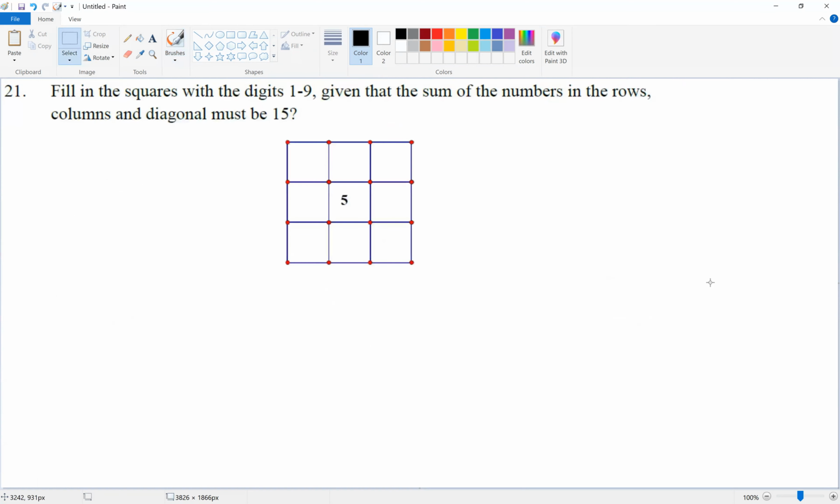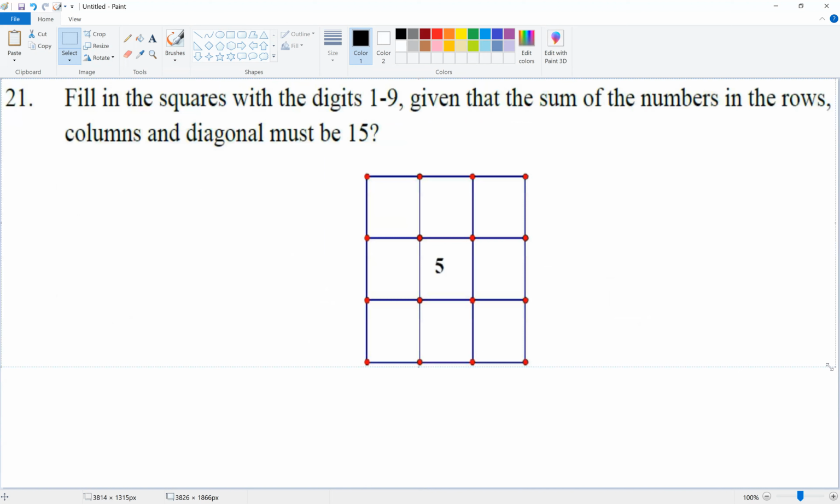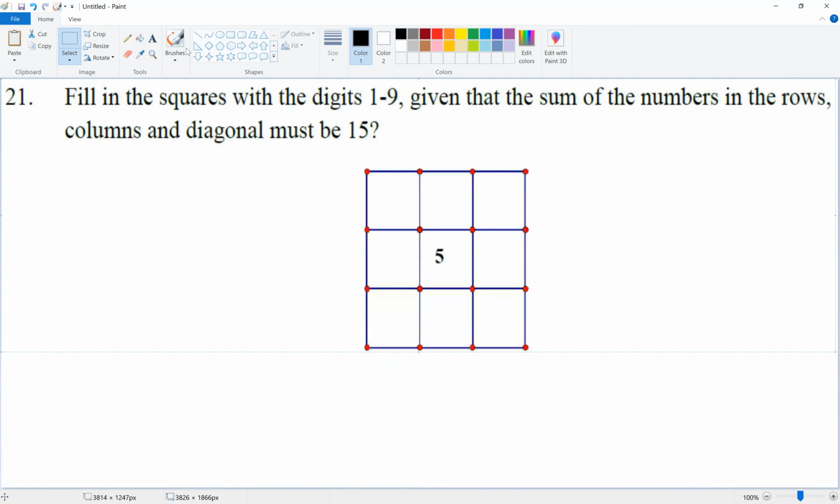Now this is a magic square. Isha, fill in the squares with the digits 1 to 9, given that the sum of the numbers in the rows, columns, and diagonal must be 15. So for the first row, I got the numbers 8, 3, and 4.